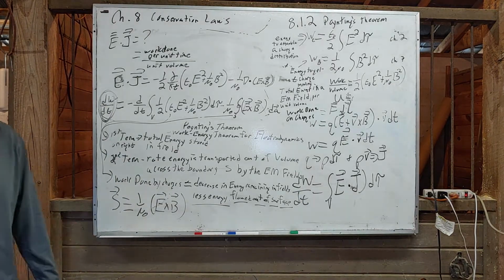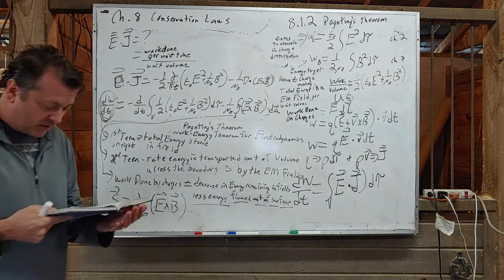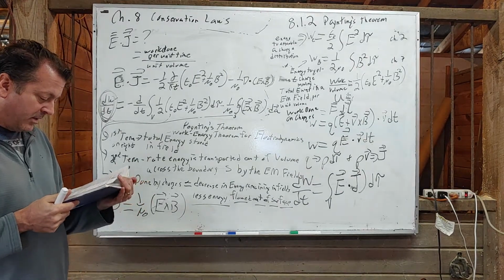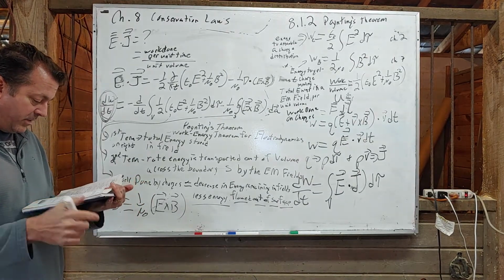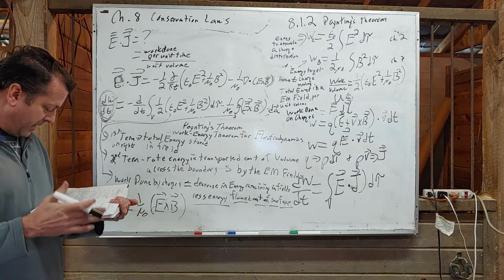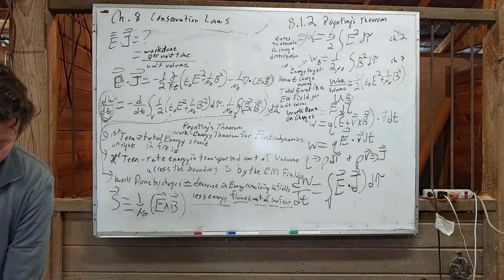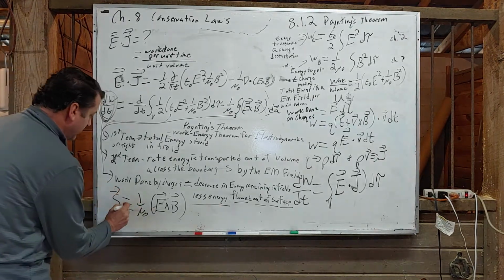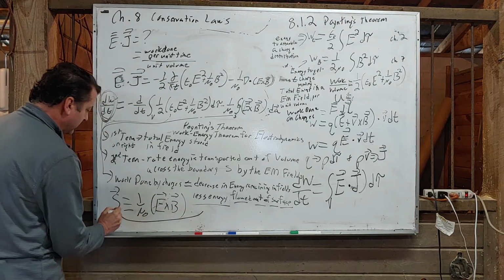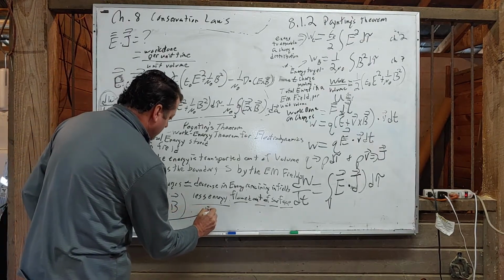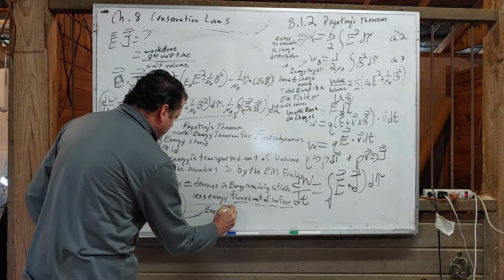Now they do an example in the book. They basically say, from this, and let me use this term, this Poynting vector here, this S, is known as energy flux.